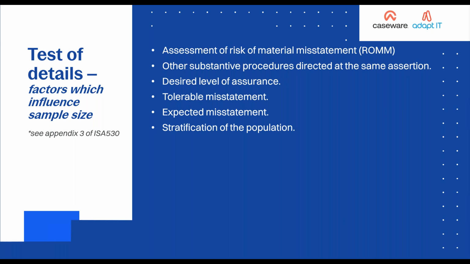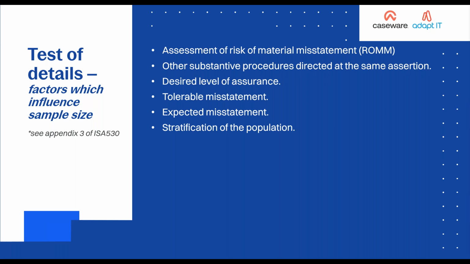And then lastly, also the stratification of the population. Now, this is where it gets a bit tricky, but if you do stratify your population, then your sample sizes may be smaller. Basically, if I'm going to test one sample for, let's say, my trade receivables, I've already removed the material items, then I might get a sample of, say, 10 debtors that I'm going to test.